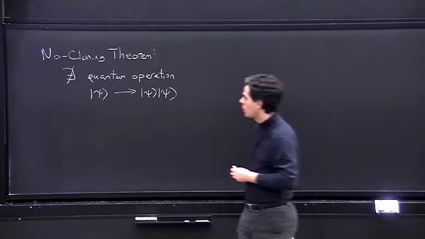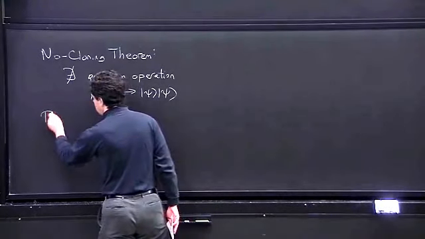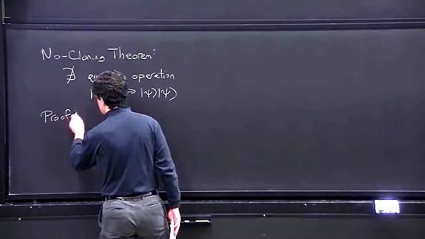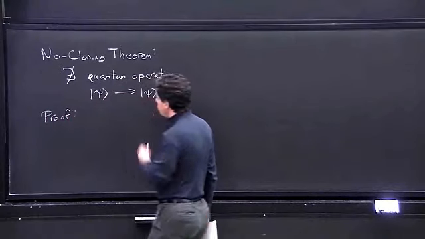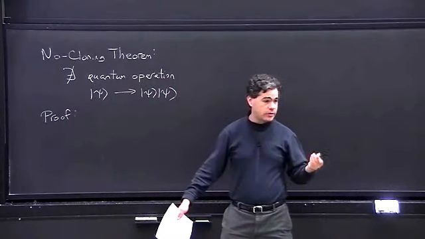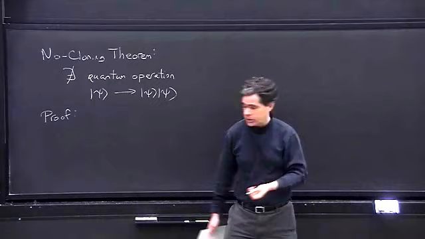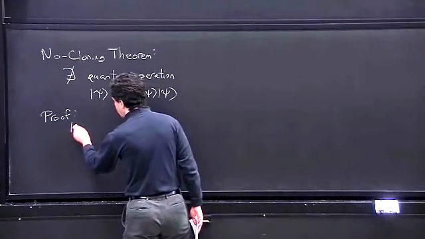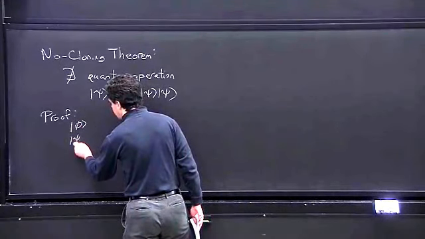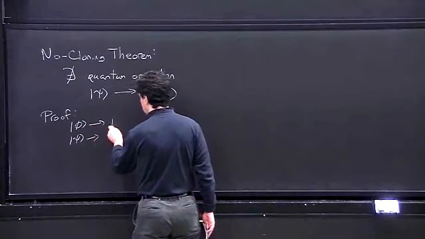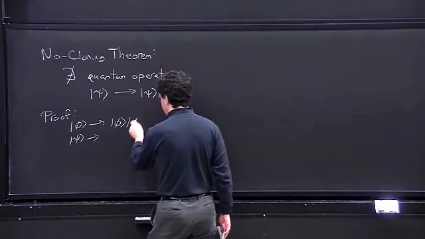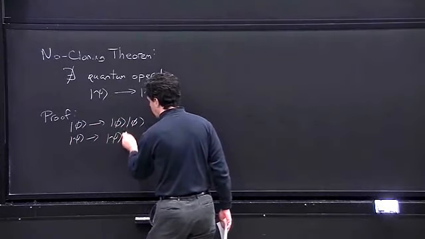And the proof of this is very easy. Proof by contradiction. Imagine we have some operation which does this. We have two states, phi and psi. Phi should go to two copies of phi. Psi should go to two copies of psi.